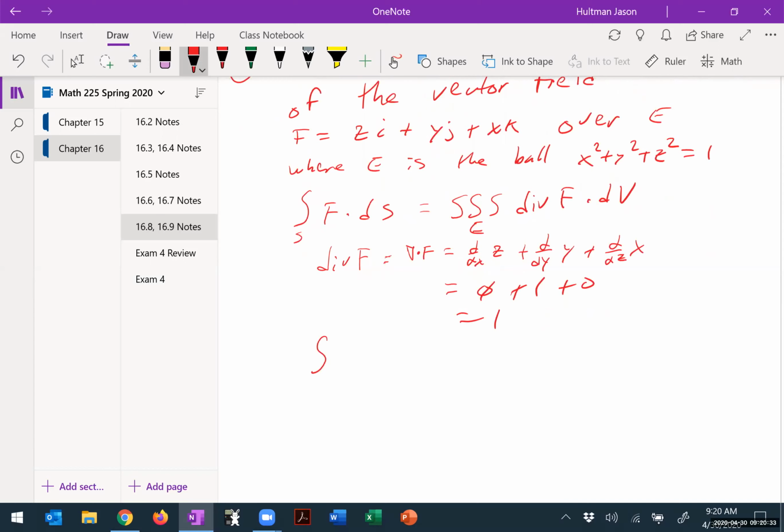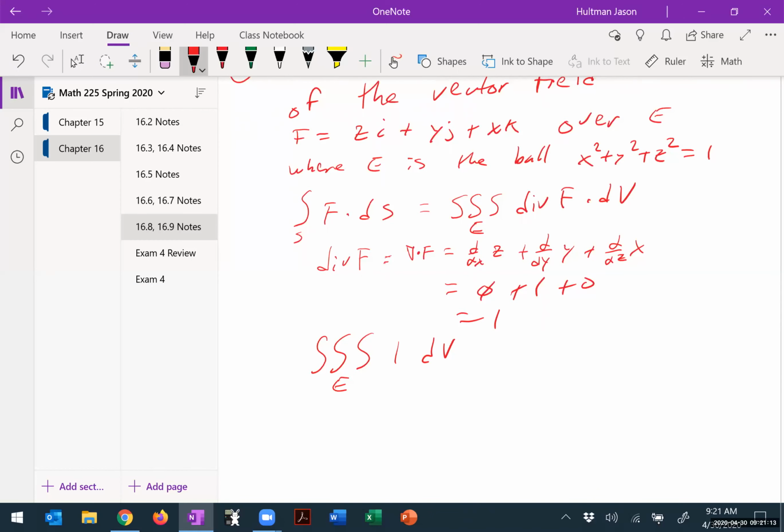So we're going to have a triple integral of 1 dV over E. Now what are we going to want to do here? This is in rectangular coordinates at the moment, x, y, and z. How do we know?